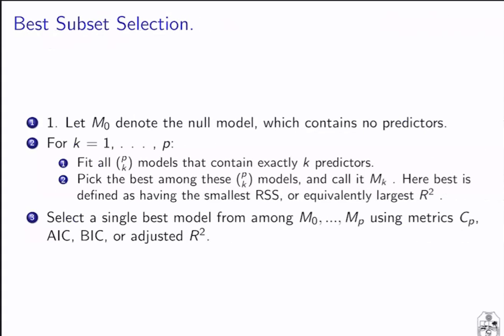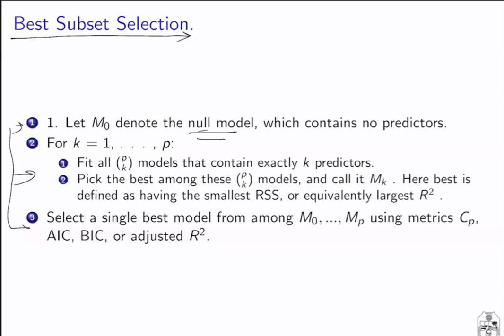Now the algorithm for the best subset selection goes like this. There are three different stages, and I will explain this. In the first stage, your model building process starts with the null model, which means you are not going to consider any input variable.